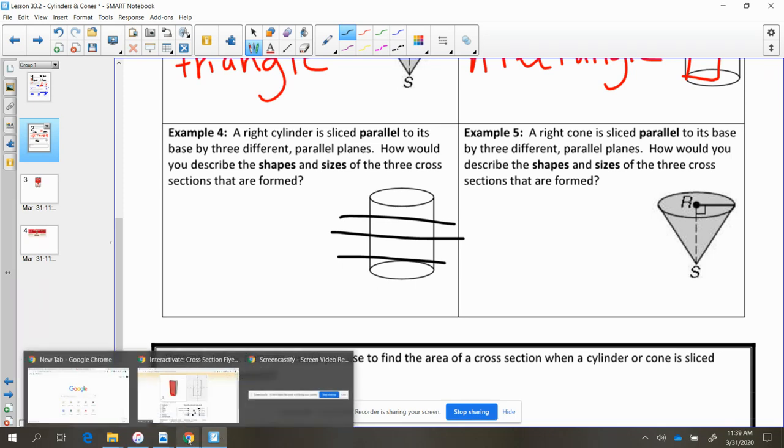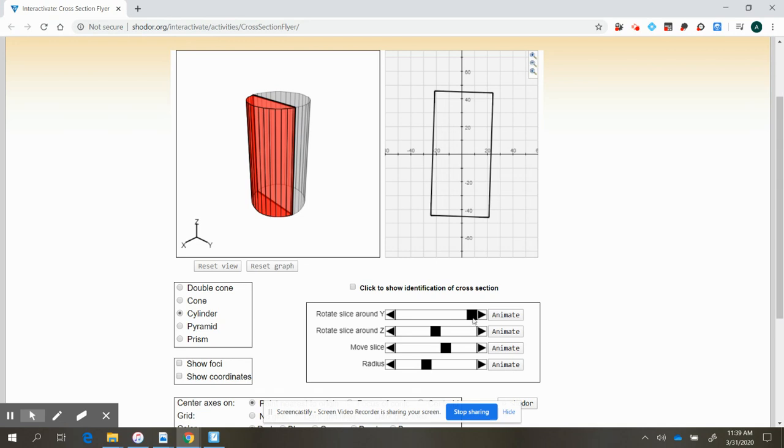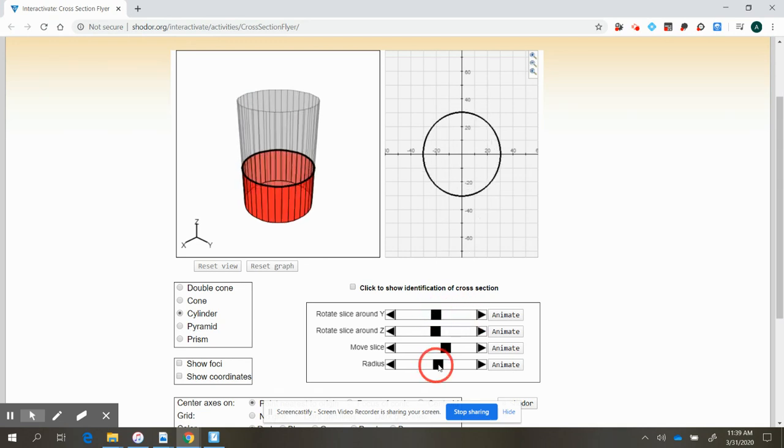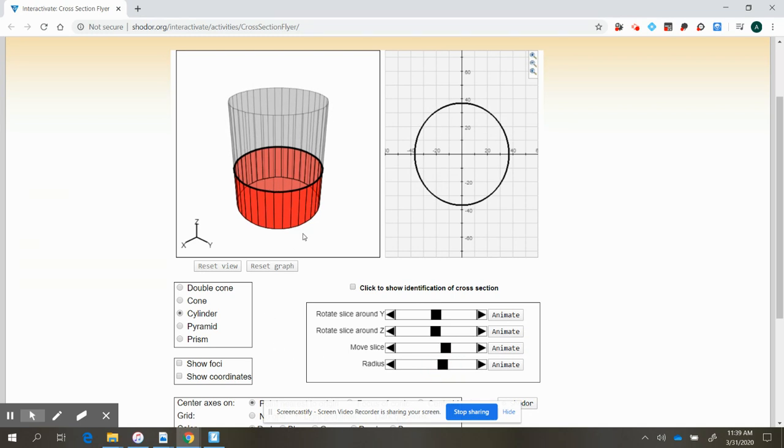Well, to test out our hypothesis, let's go back to this example here. If we're slicing parallel in 3 spots on this particular cylinder, notice if I slice it here, if I slice it here, or if I slice it way up here, this shape of our circle has not changed one bit.